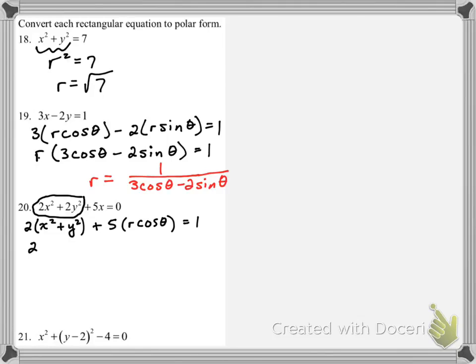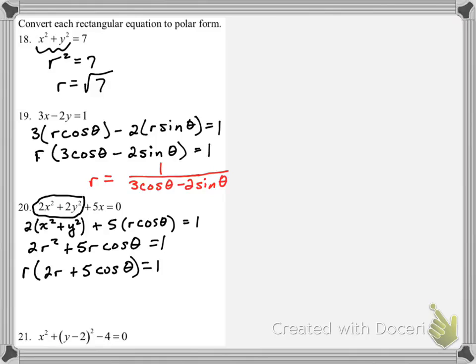And so I'll put the r squared in here. And we can factor an r out of each of these. So that would give us r times 2r plus 5 cosine theta equals 1. Oops.